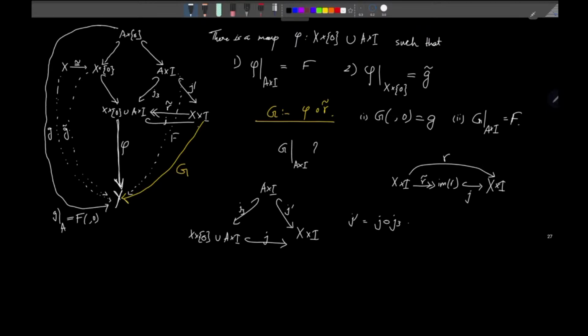Okay, whatever, let's continue. So we know that this map J dash is J composed with J3. What do we want at this point? We want G composed with J dash to be equal to F. We know that phi composed with J3 is equal to F. This is what we know.